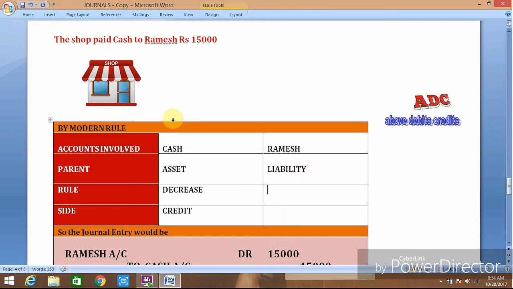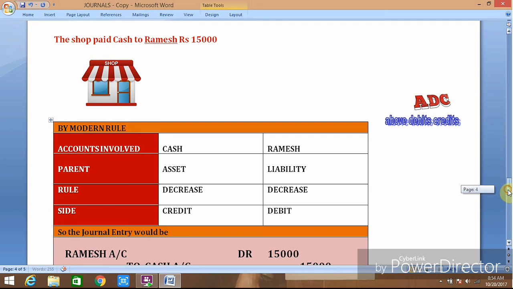Now when we are paying cash in the same question, what actually is happening is our liability is also decreasing simultaneously, because if we pay cash to Ramesh now, he would not be in a situation to claim it later, because we have already paid the cash, right? So there is a decrease in liability as well. So a decrease in liability would go to, yes, the debit side.